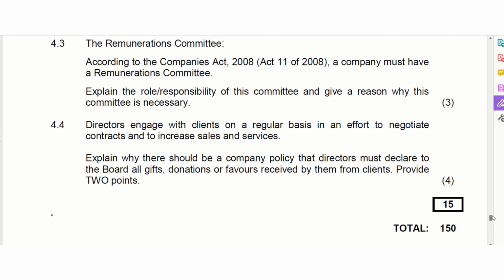It's to avoid a conflict of interest. It may be that you favor recommending certain products or providers to clients because you may get gifts. That would be one way.